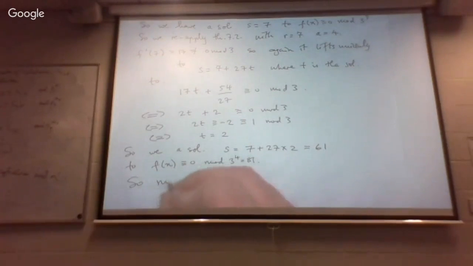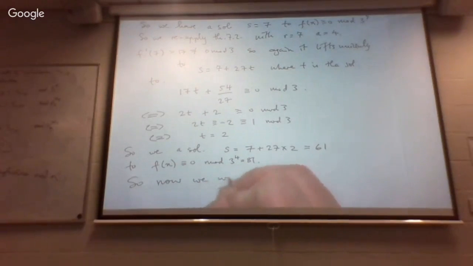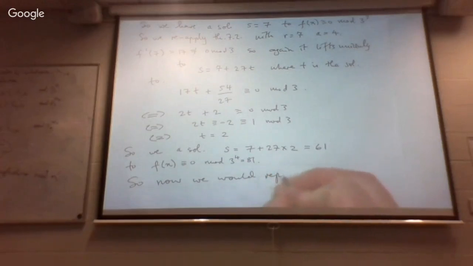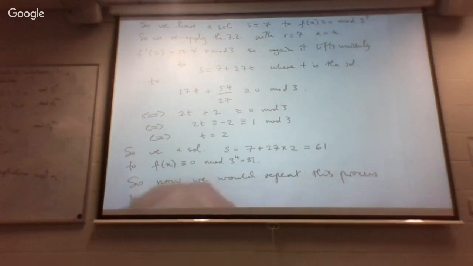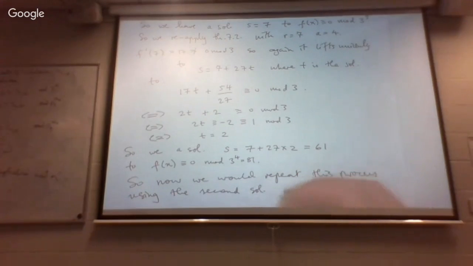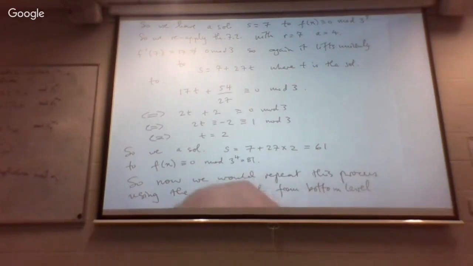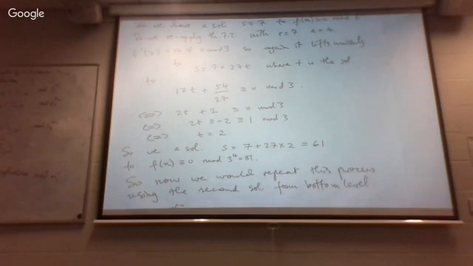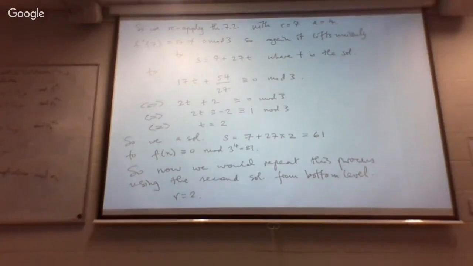So now we would need to repeat the process using the second initial solution. Remember, we had 2 solutions at the bottom level. Using the second solution on the bottom level, which was r equals 2, we repeat that again.